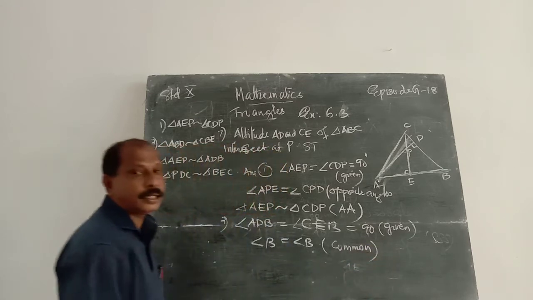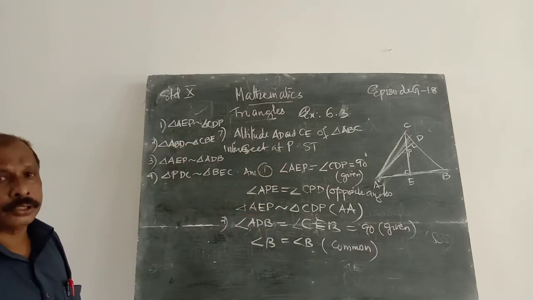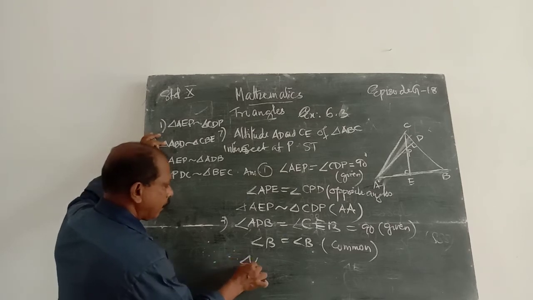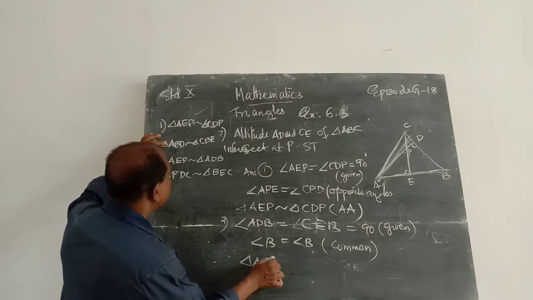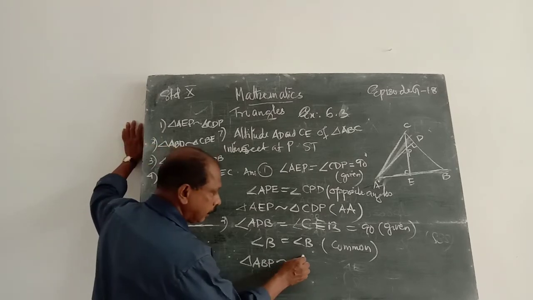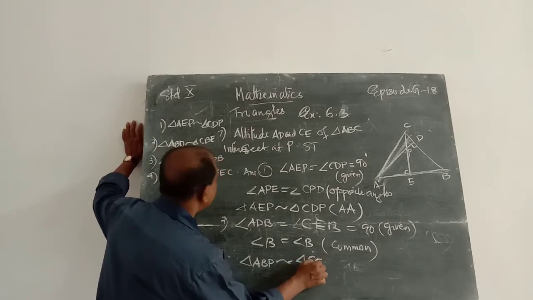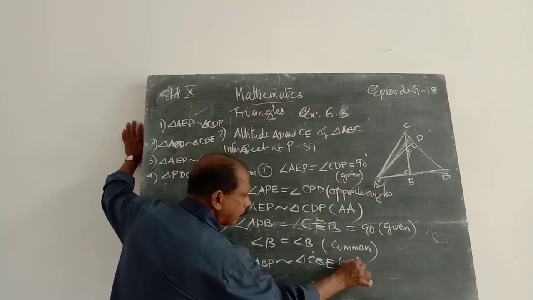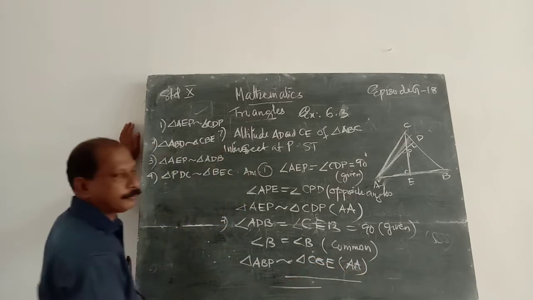Therefore, two angles are equal. Therefore, the third angle is also equal. Therefore, triangle ABD is similar to triangle CBE. That is angle criteria of similarity.